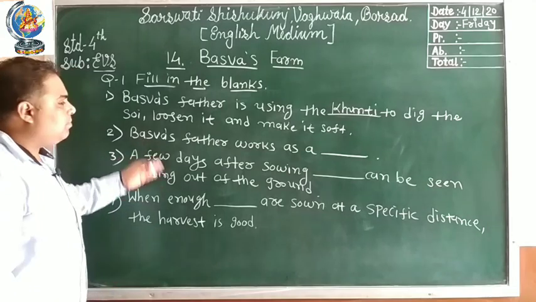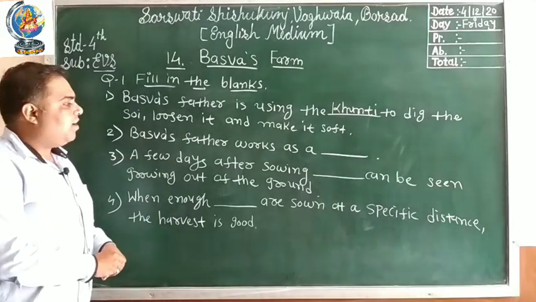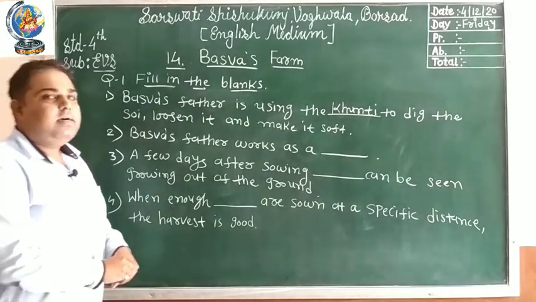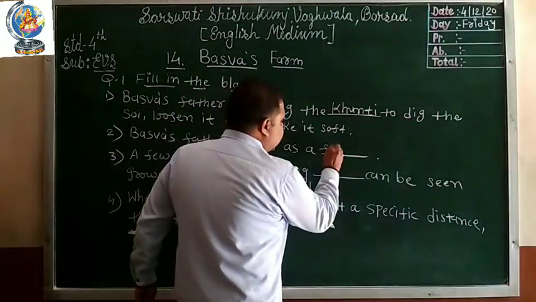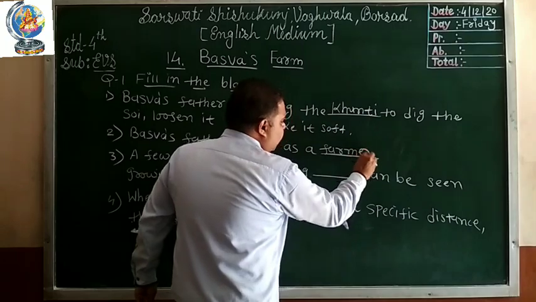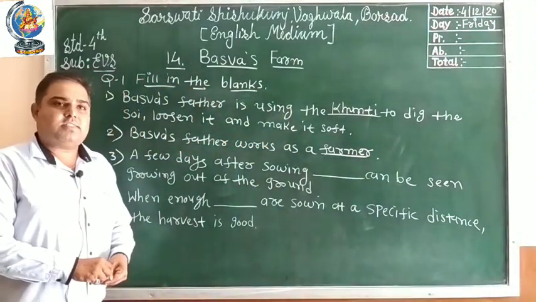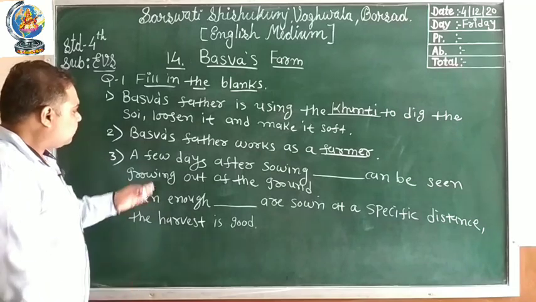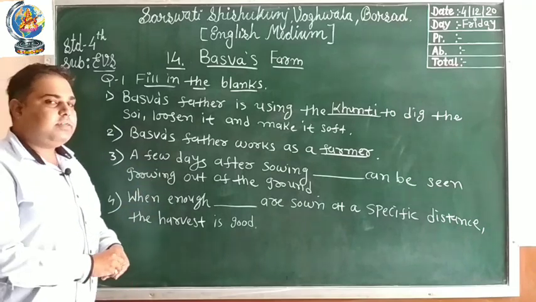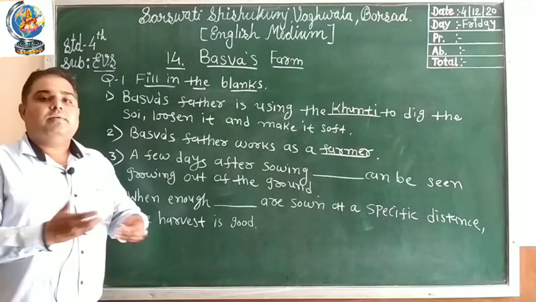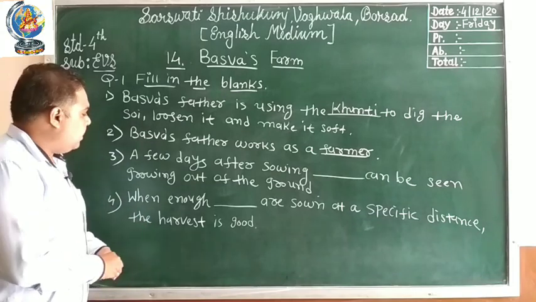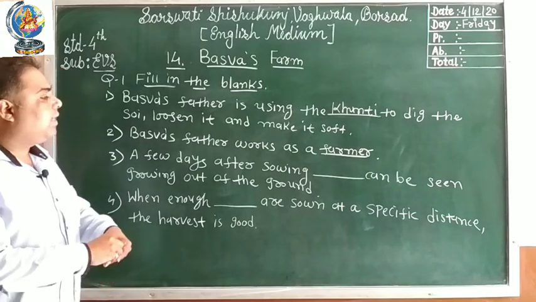Then students, the second blank is: Basva's father works as a blank. So what is the answer? Farmer. His father works as a farmer. Then the third blank is: a few days after sowing, blank can be seen growing out of the ground.